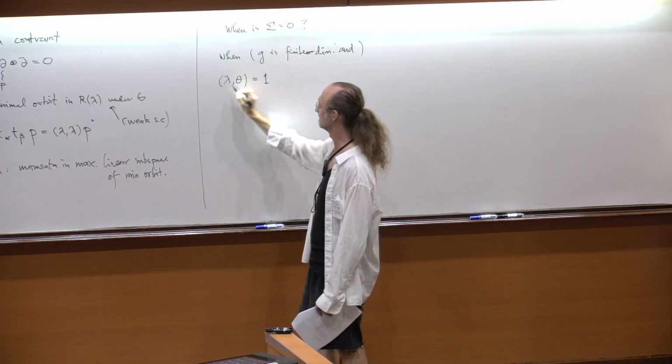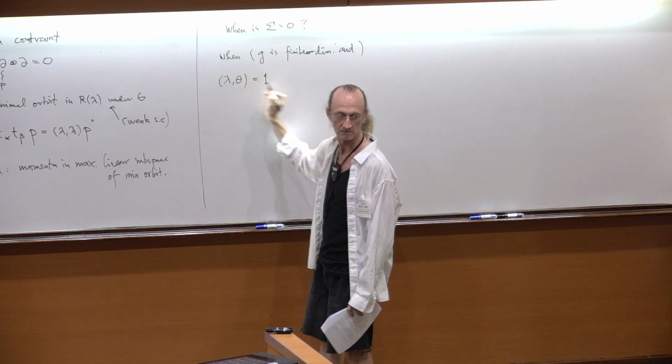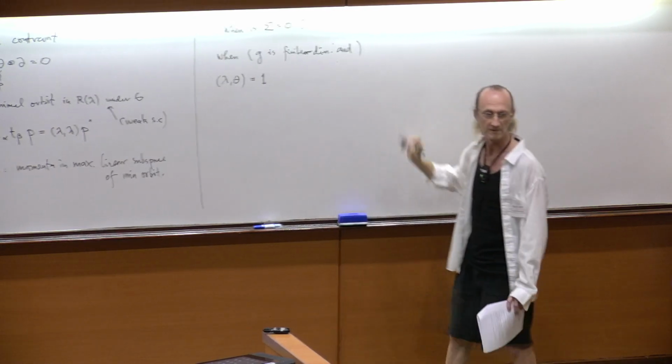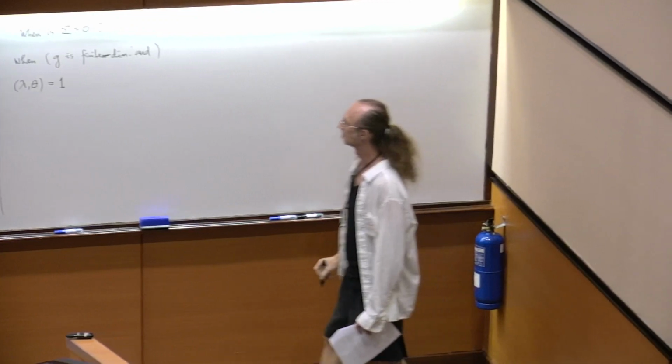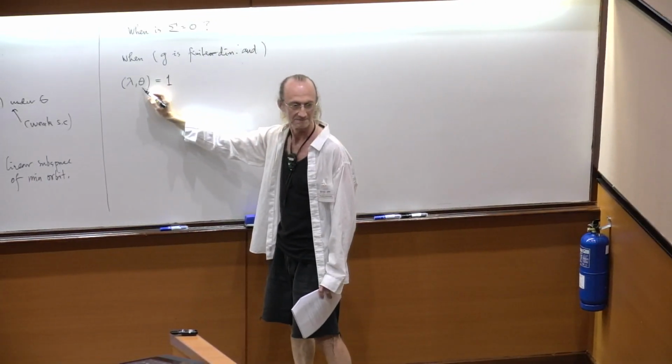This is equivalent to the scalar product between lambda and the highest root being 1. That's the full statement. This is sort of unnecessary. If this is not true, there is no theta.